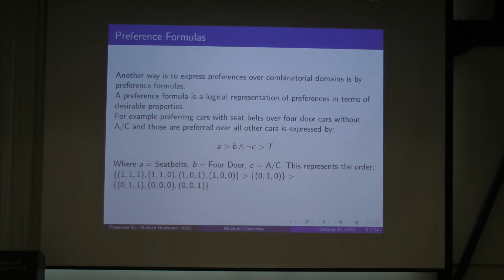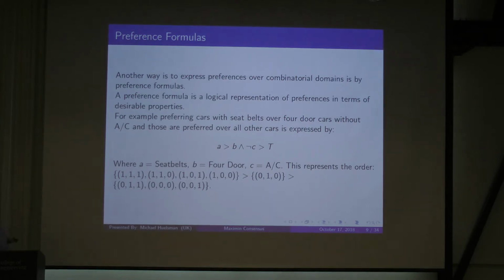So in our example here, just for shortness, A is seatbelts, B is four-door, and C is air conditioning. We prefer anything that satisfies this first expression. So anything with seatbelts is better than anything that doesn't have seatbelts.